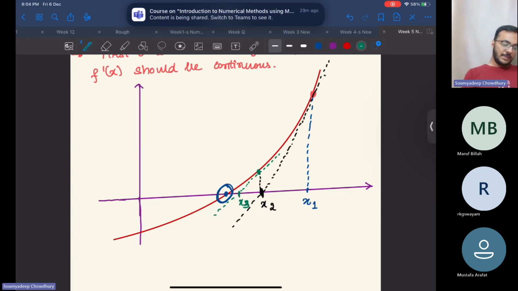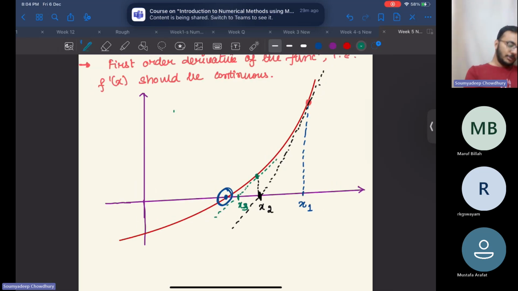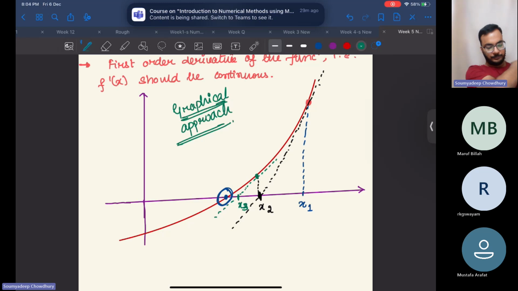Again, from x3, we find the functional value and approach towards the solution. So this is the graphical interpretation behind the Newton-Raphson method. Is there any doubt here? Anything you want to clarify? No, sir.